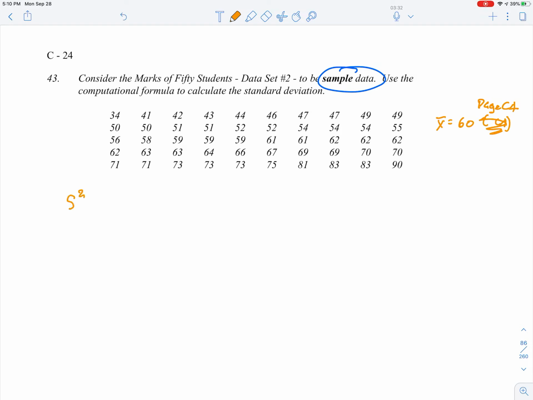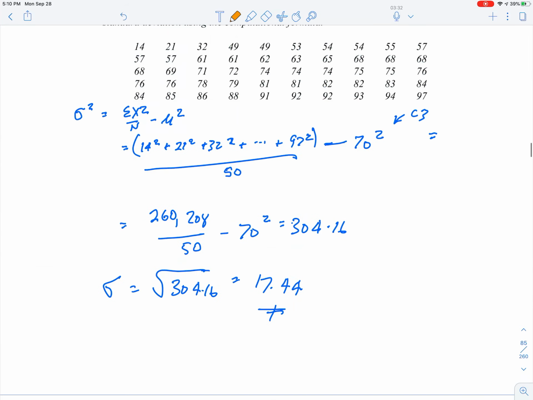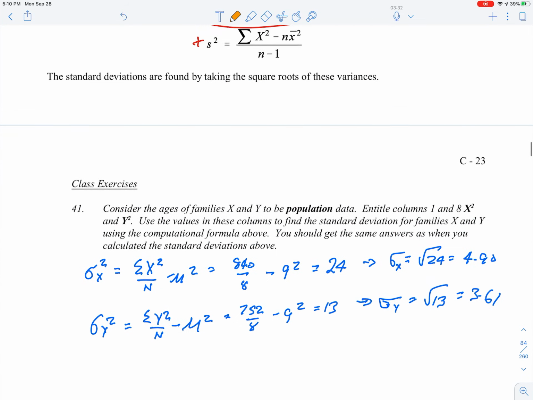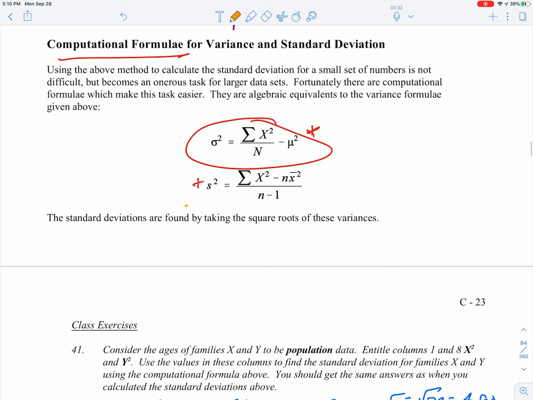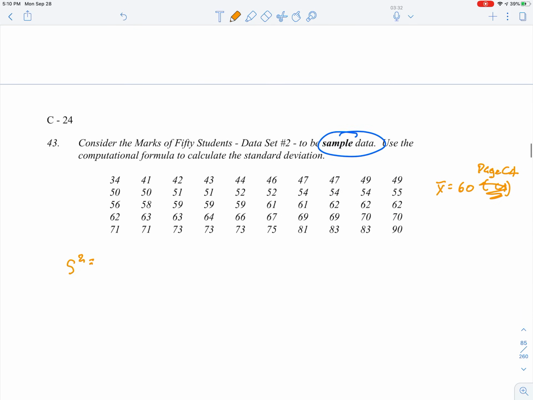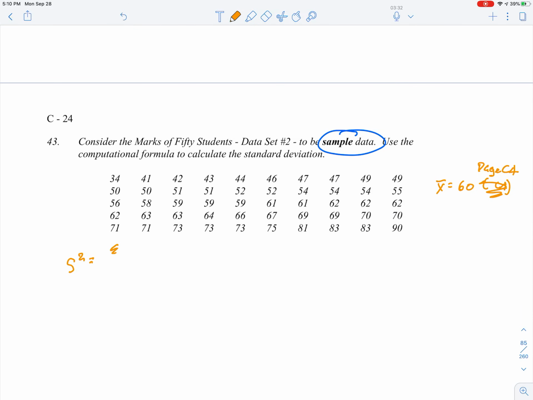And so then we would have s squared is equal to, and this formula is a little goofier, and so it's a little more complex. Let's take a look at it here. So it's this guy right here. And so it's the sum of the x squares minus n times x bar squared, and then the whole thing is divided by n minus 1.